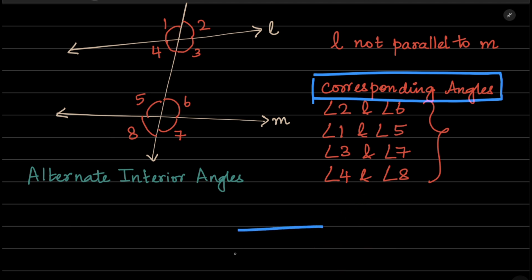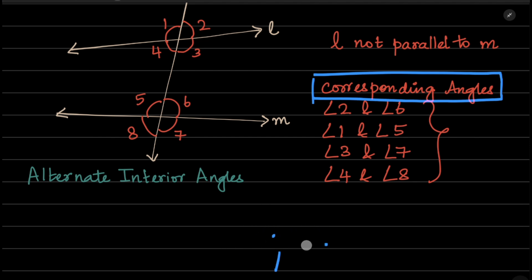Suppose you have two lines and a transversal. These are alternate interior angles. If you have this angle, the alternate is this one, the alternate interior.